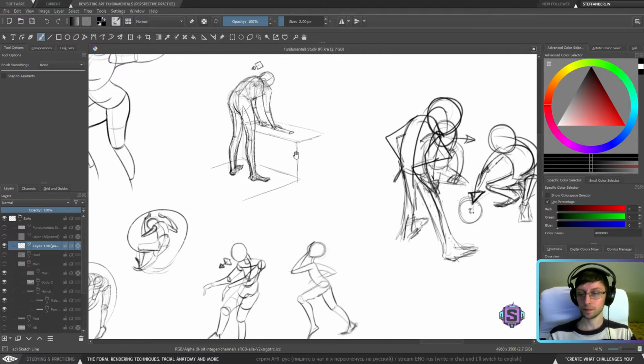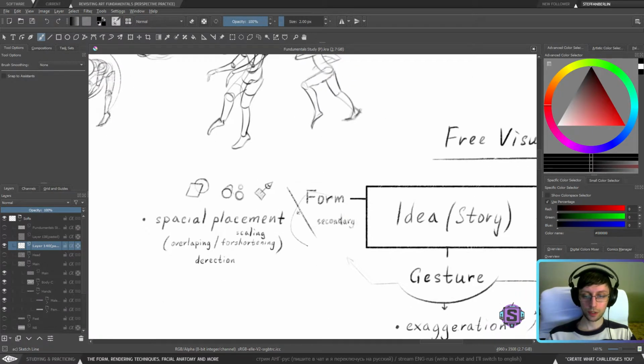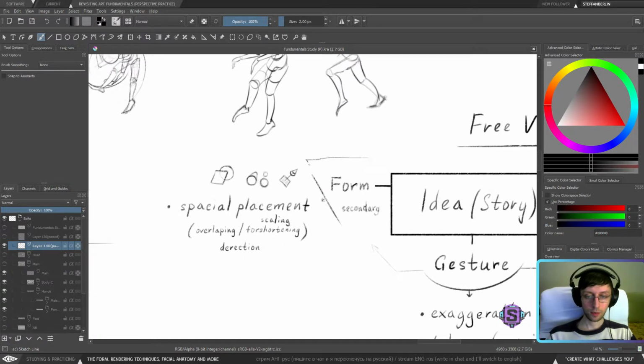So yeah, something like this. So this is a way to secondarily work with form. So again, form, this is our overall instrument, a somewhat theoretical instrument, and then we have ways to use this instrument. So again, this is just an instrument itself.